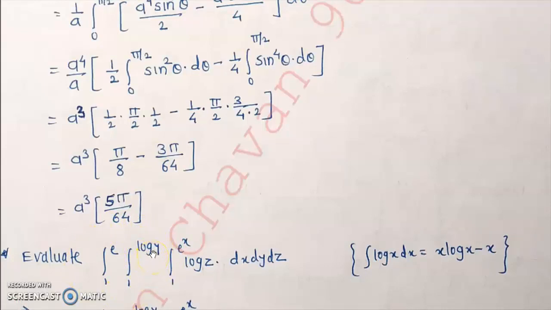So definitely the integral after that should be for y, because when we solve this second integral with respect to some variable and we put these limits log y and 1 as upper and lower limit, we get the resultant terms as functions of y. So definitely after that we should integrate with respect to y to replace that function by some constants, that is e and 1.